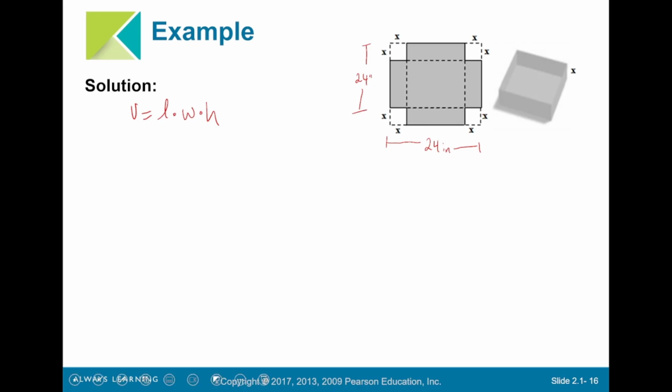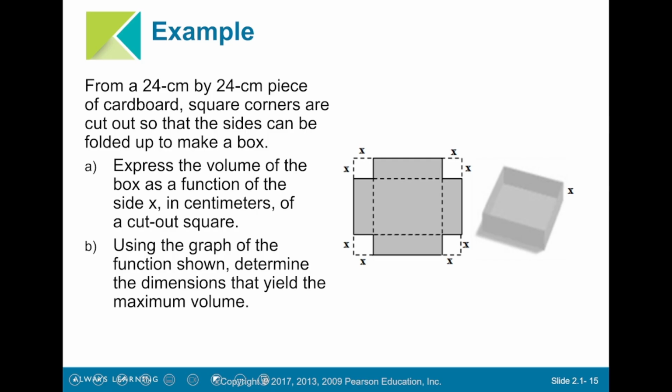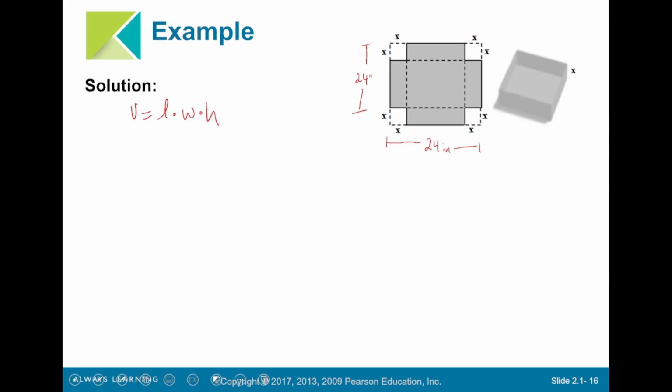So remember, we are asked to express the volume of the box as a function of the side x. Okay, so we want to get that formula down to only x values. Well, notice once I take this x value here, this kind of side length of x, and I flip it up to make a box, my height exactly becomes x.